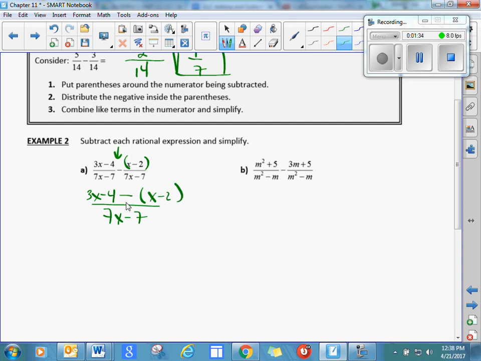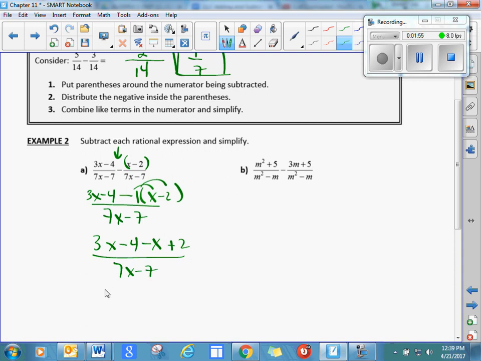So in reality, we are changing the sign of the x, and we are changing the sign of the next term. We are distributing this guy. So that becomes 3x minus 4 minus 1x plus 2, all over our original denominator.